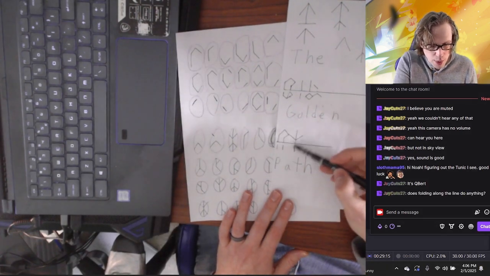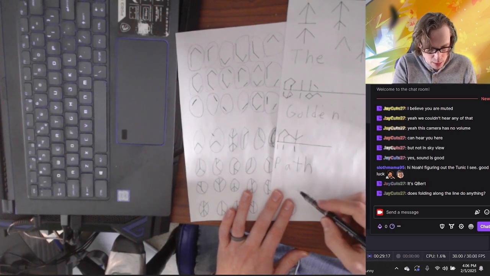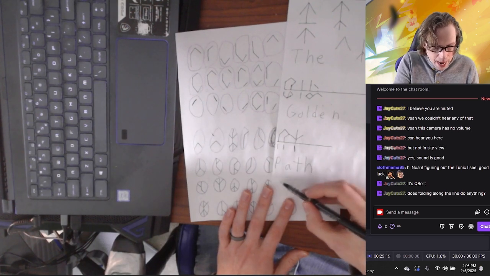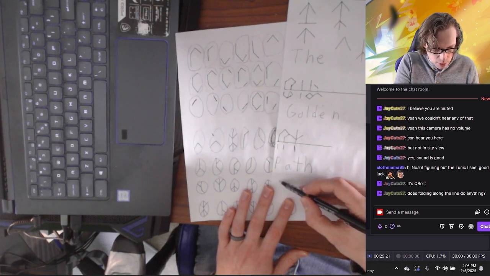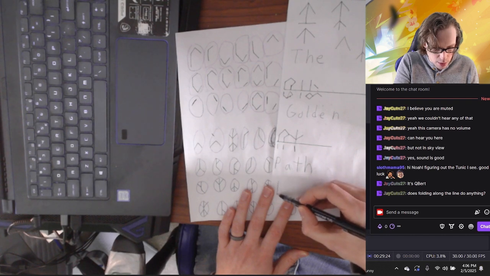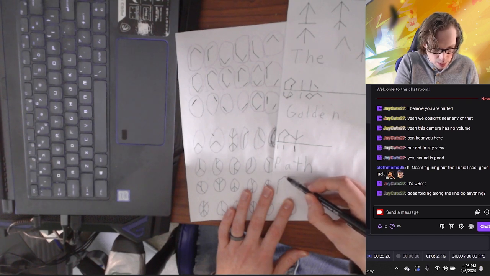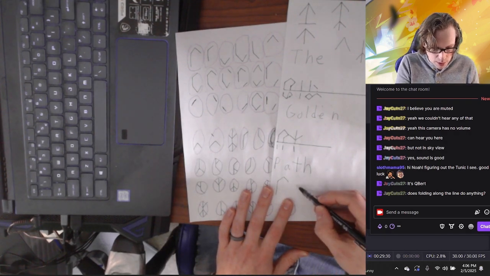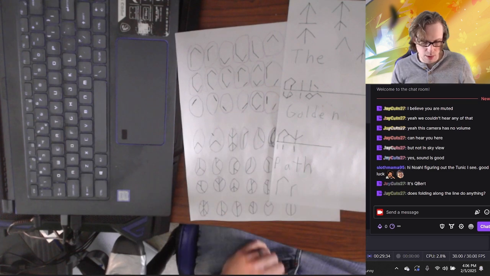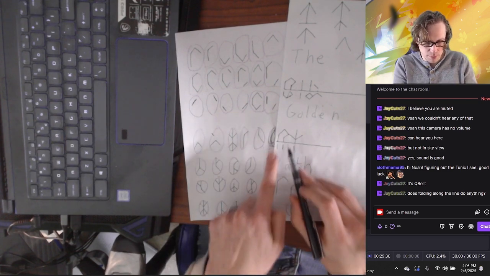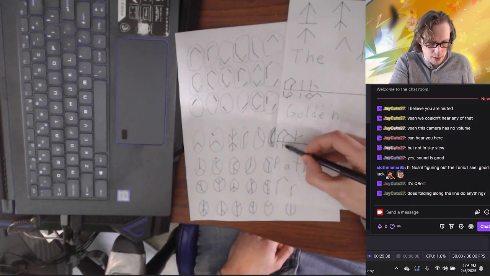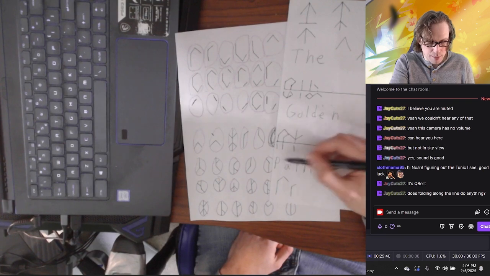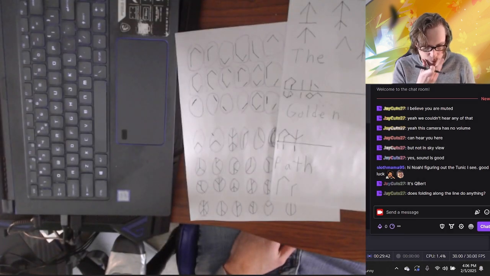Because based on what I'm seeing here, the outside symbol is this. And then the inside symbol is this. So that becomes that, because this will connect. Like, here's the whole diamond. Right?